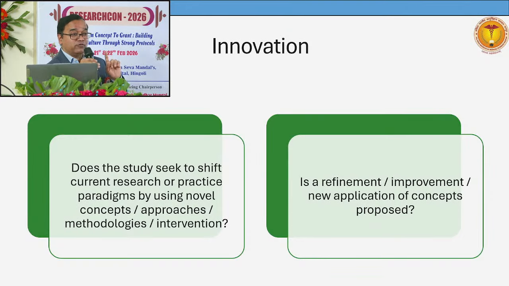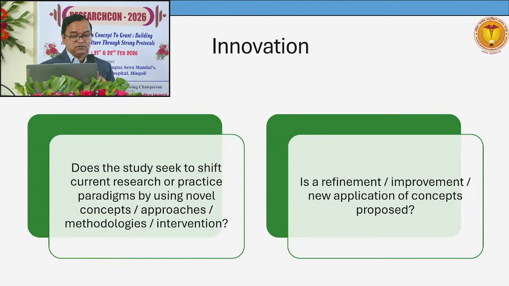If you are achieving that, that is the novelty or innovation in the research question. Second is the refinement or improvement proposed in your research question. You have done the review of literature and found certain gaps. If your research question is trying to address those gaps, then that's innovative research.